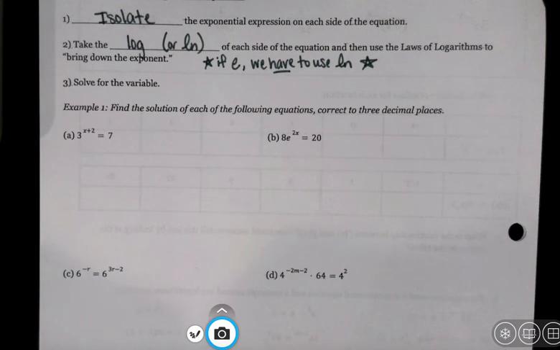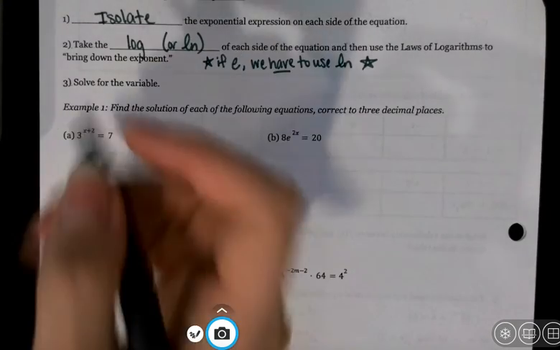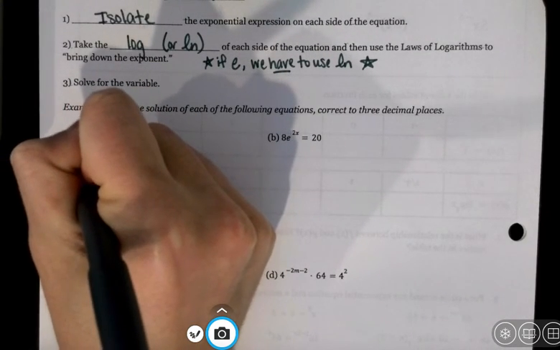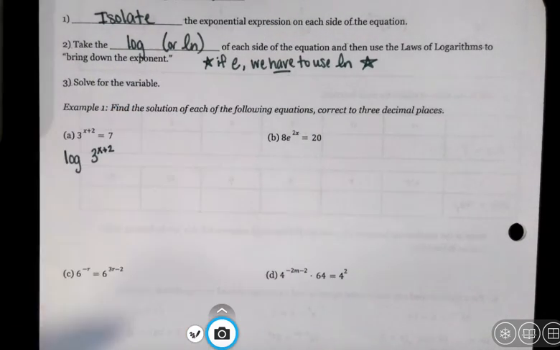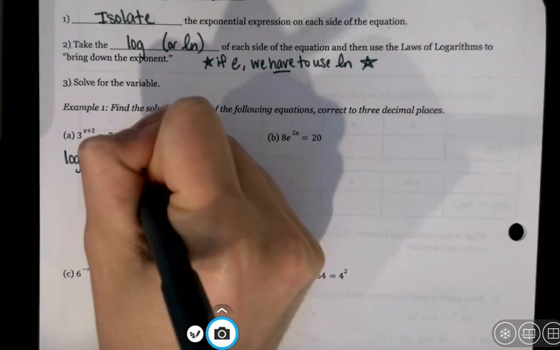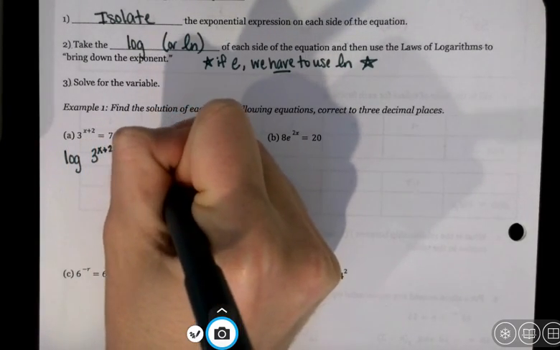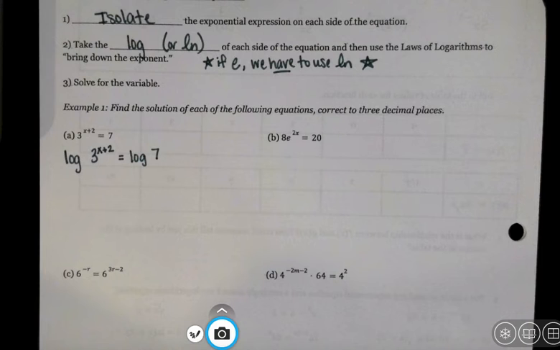So then I want to move on to step 2, and I want to take the log of both sides. So I'm going to do log of the left side, which is 3 with an exponent of x plus 2. And then I also am going to do log of the right side, which is 7, so it'd be log of 7.